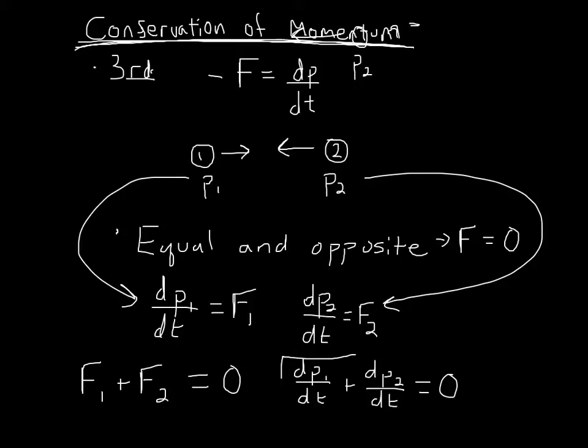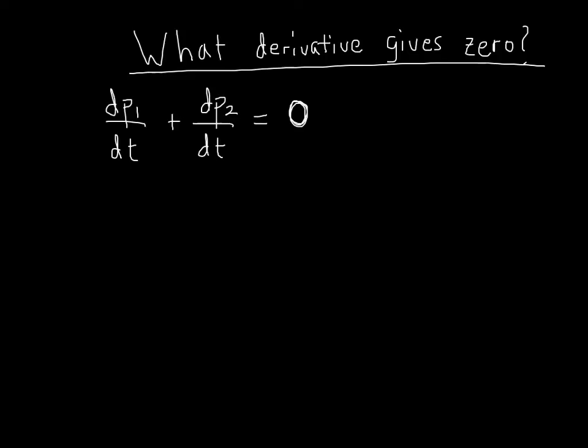So what does this mean? The derivative of a sum being equal to 0. So I know that the sum of my derivatives is equal to 0. The sum of dp1 dt plus dp2 dt is equal to 0. I'm going to rewrite this a little bit differently. The derivative with respect to time of p1 plus p2 gives me the same result, but it's a little bit more tidy.